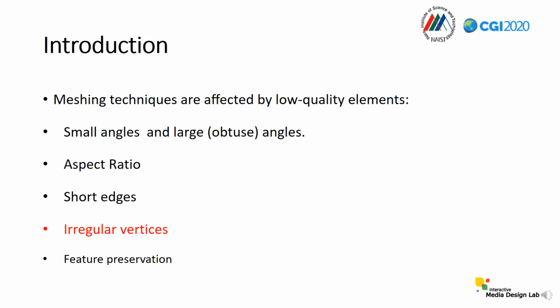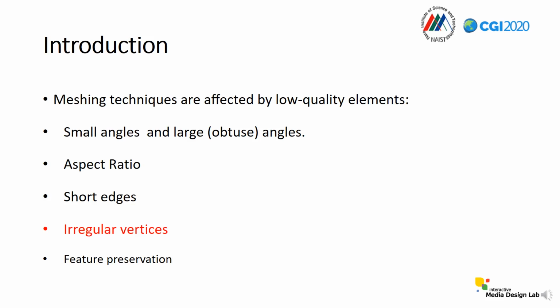Irregular vertices: the number of edges directly connected to the vertex is called its valency. So if the number of edges directly connected to a vertex is 6, it means it is a regular vertex. Otherwise it is an irregular vertex.